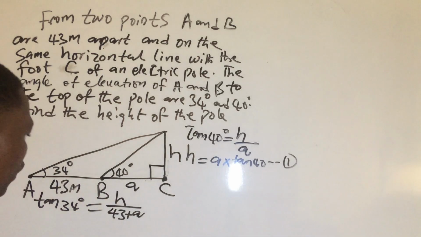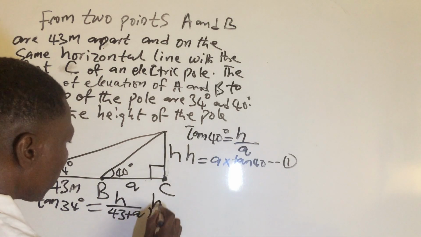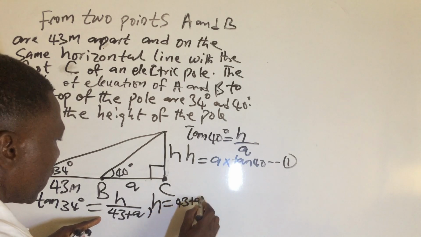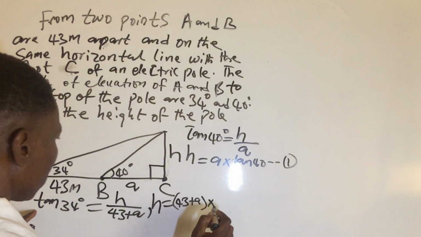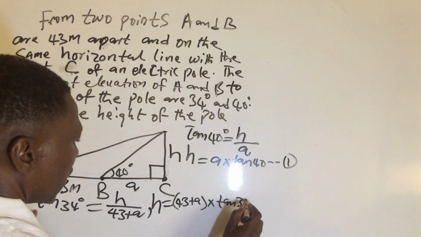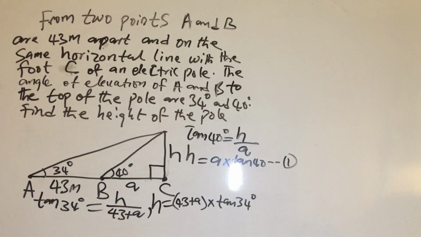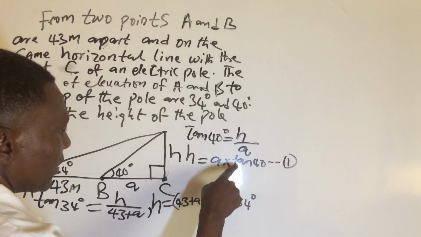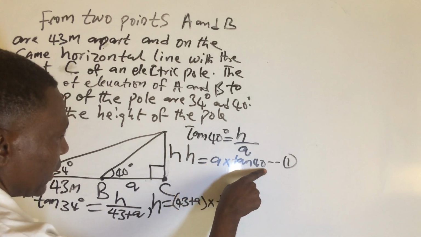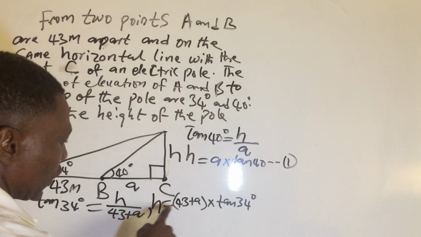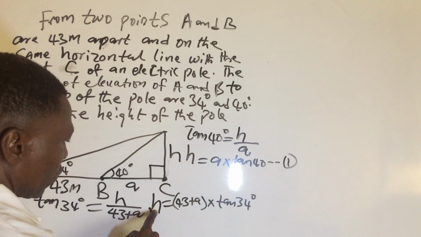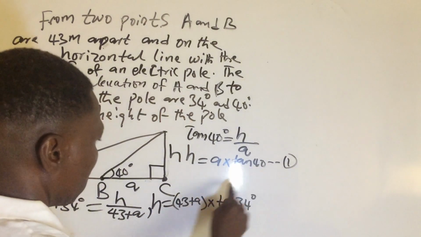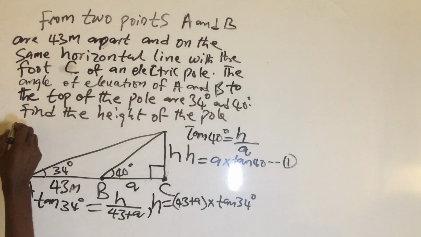Now making H the subject of formula, we now have H equals 43 plus a in bracket times tan 34 degrees, all right? So we have this height to be a times tan 40, and height H is still this, okay? And this H is equal to this H, we now have the right to equate them.